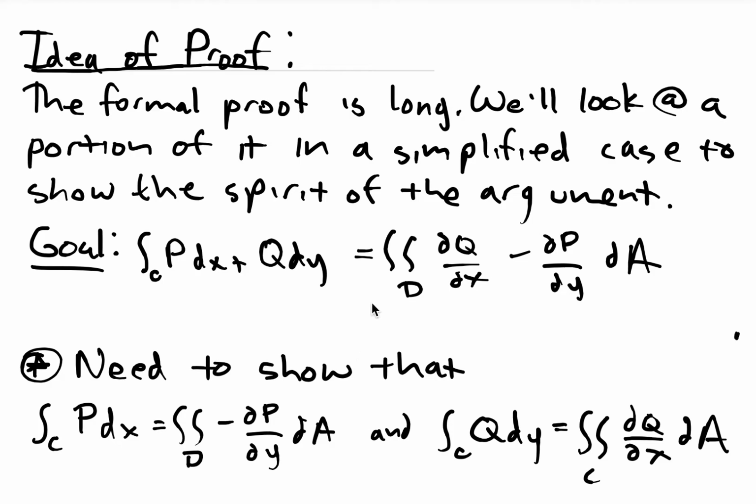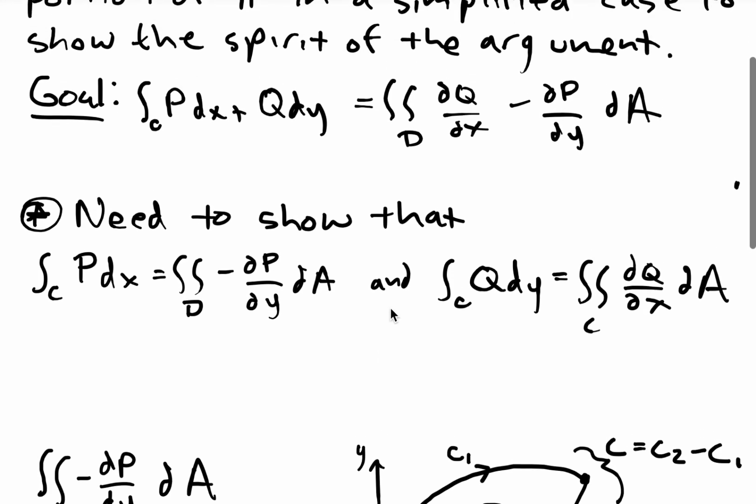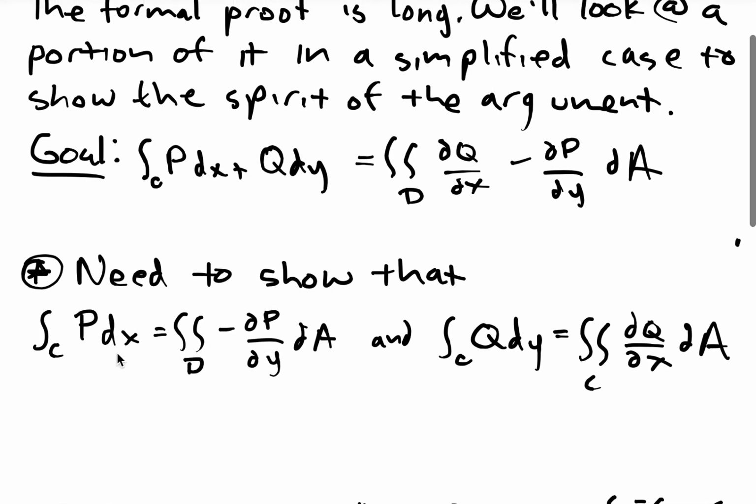If you want to show that this formula works, we need to show two pieces, right? What I'm going to link here is this p dx and minus dp dy part, and this q dy and this dq dx part. Those are the things that I want to link here.